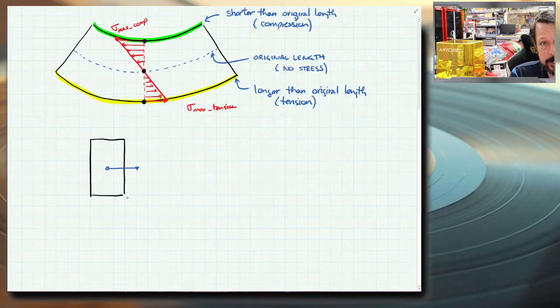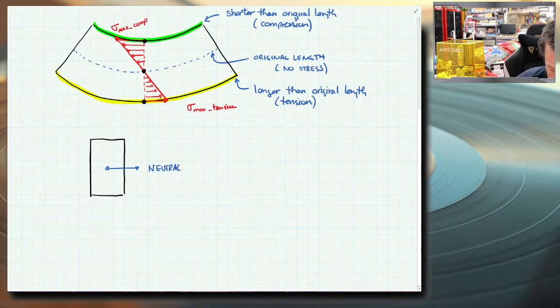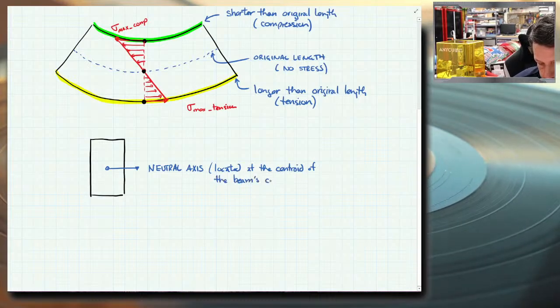The centroid of that shape is where there's zero stress in the beam, with the original length. So there's no positive stress, no negative stress, zero stress. We call that point the neutral axis. And it's located at the centroid of the beam's cross section.